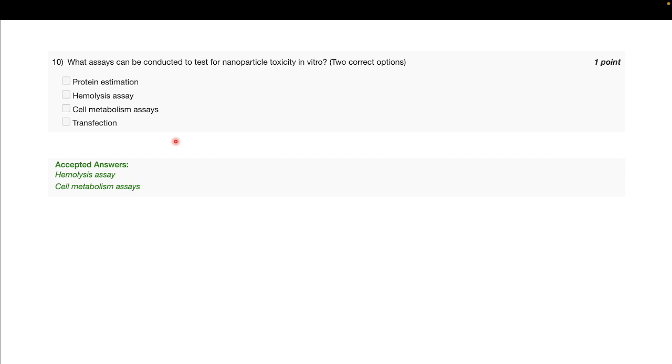Let's say you're doing gene therapy, you put a DNA in the mammalian cells. That is a completely different concept than your nanoparticle. There's no delivery of nanoparticle happening here, right? So whether your DNA is getting into the mammalian cells or not is not going to tell you whether whatever you have delivered is toxic to the cells or not. Make sense?